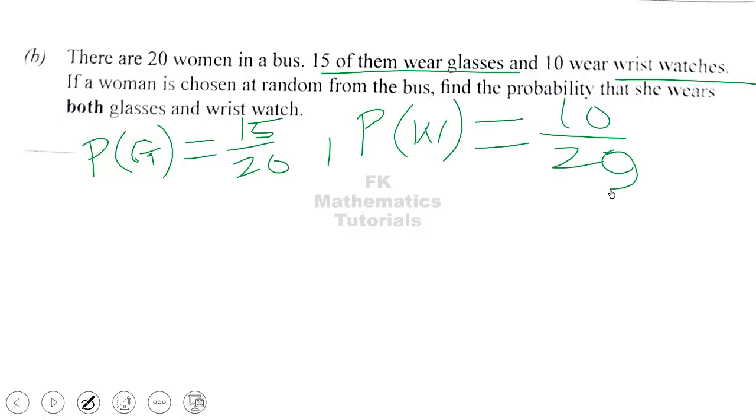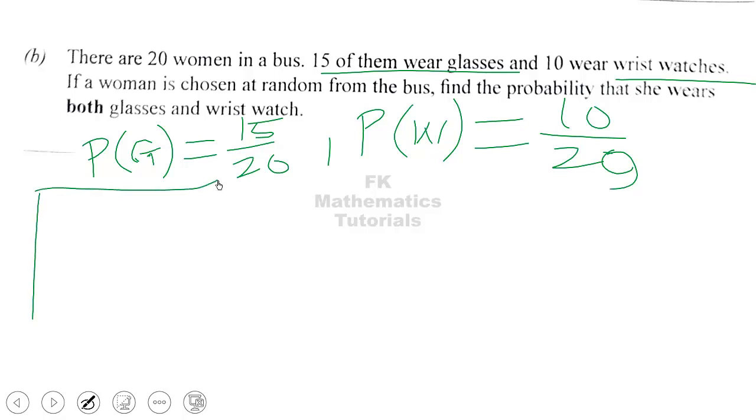If a woman is chosen from the bus, find the probability that she wears both glasses and wristwatch. So we can use a Venn diagram to solve this question. Let me see.